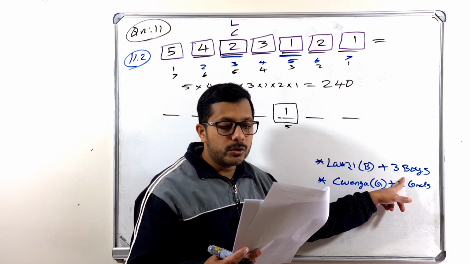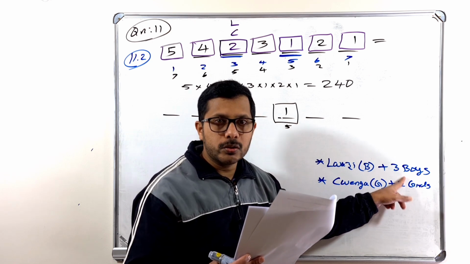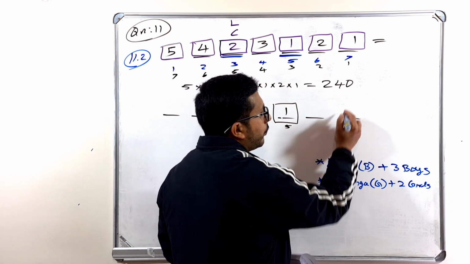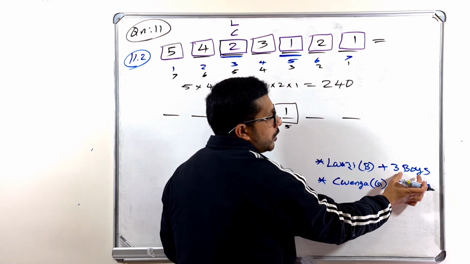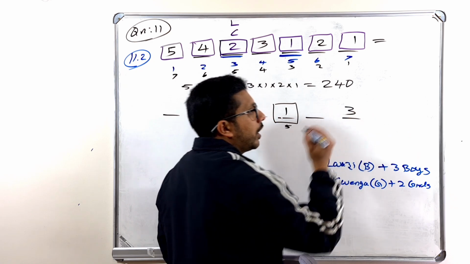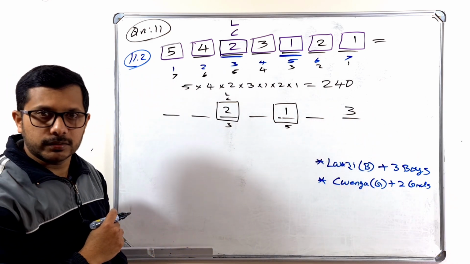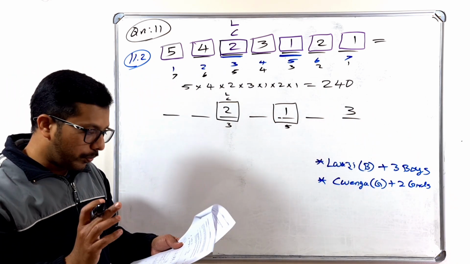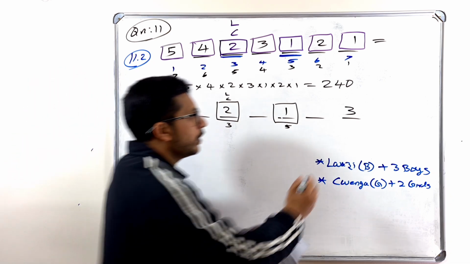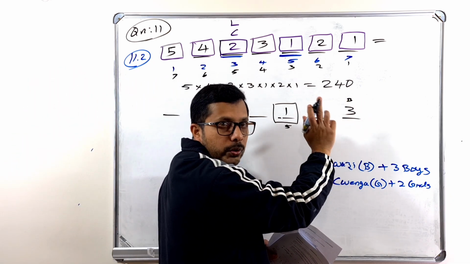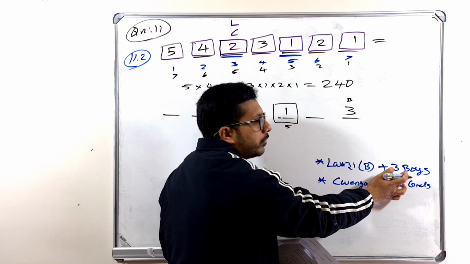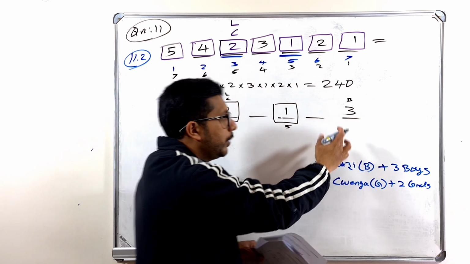The last seat is occupied by a boy. So for this position to be filled, this is the last seat. How many boys remaining? 3. That means I have 3 options there. Not 3 boys, 1 boy sitting here, but there I have 3 options. That's the meaning of these 3.